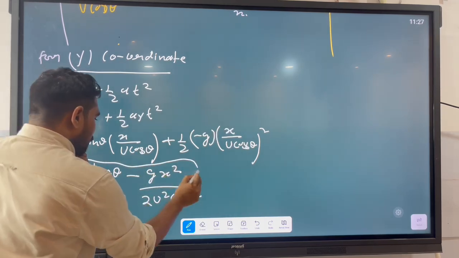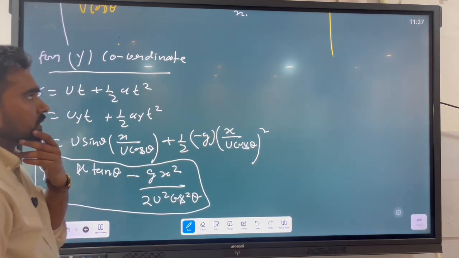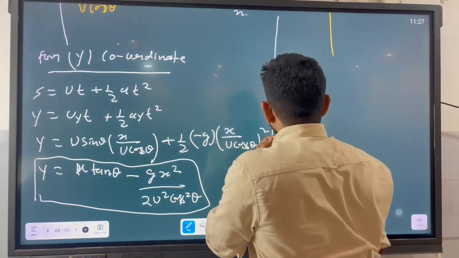This is the value of the y coordinate of the object during projectile motion, right.